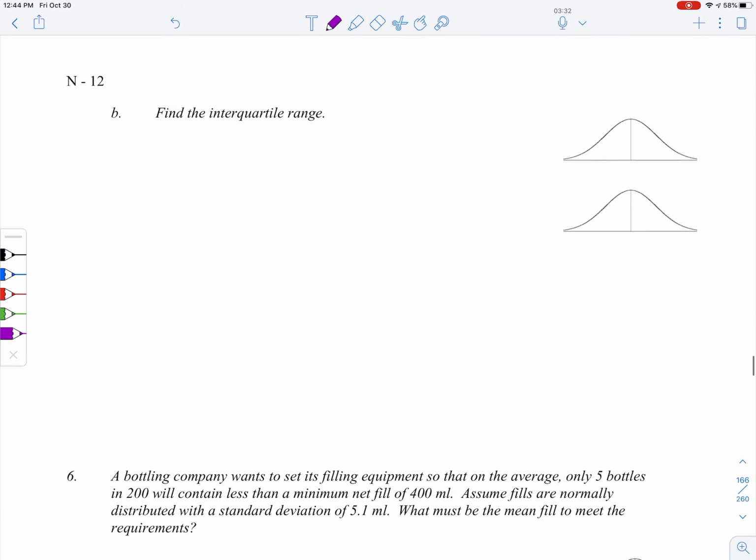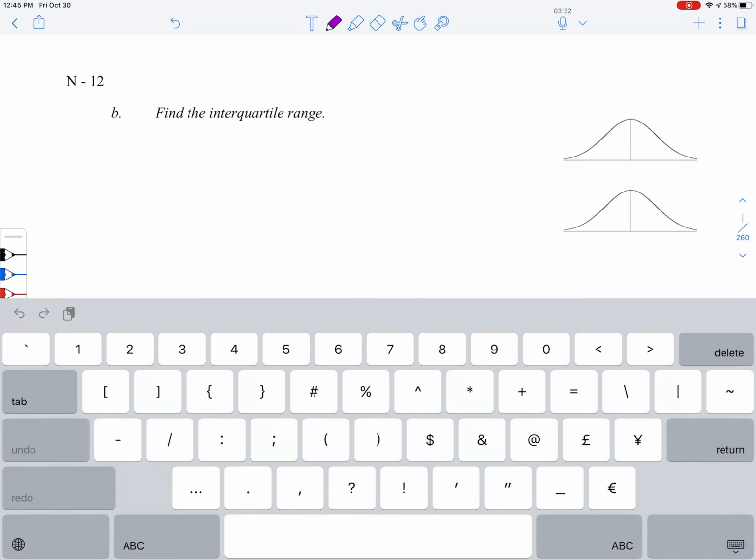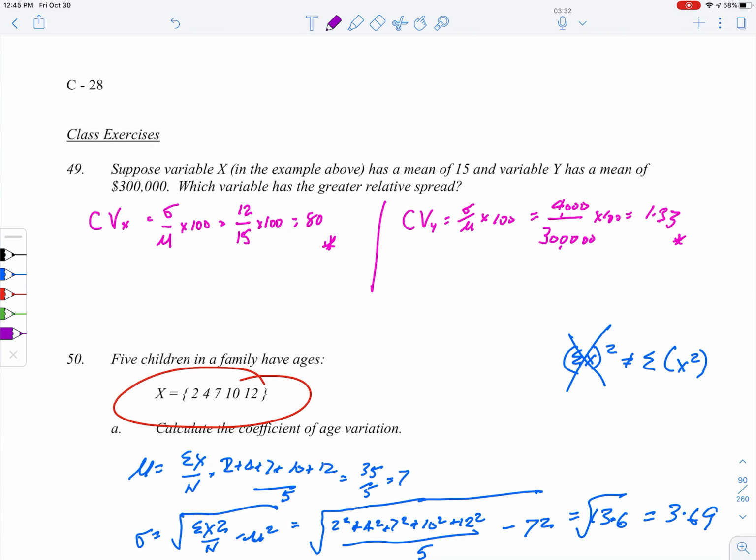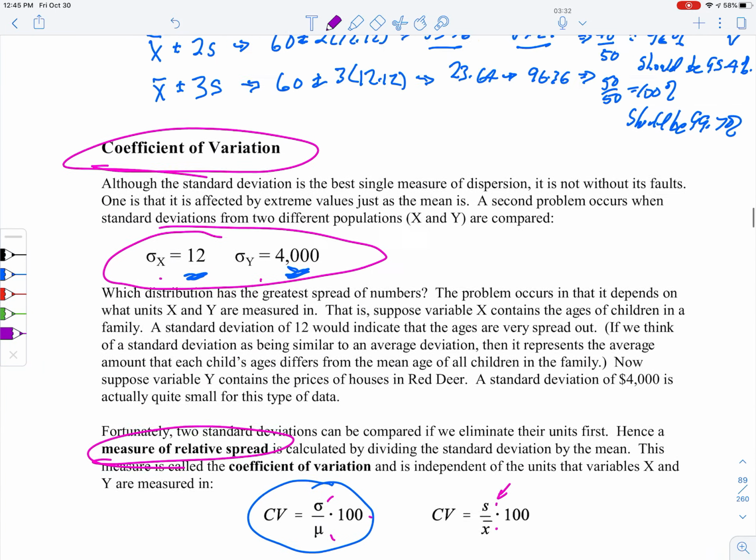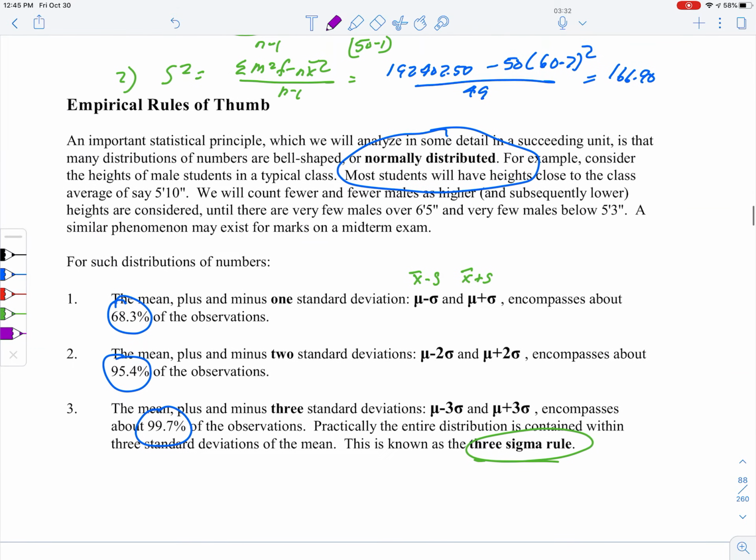Now, I'm going to leave you the next two for homework here, but I want to set them up for you. So we're talking here about something called the interquartile range. And the interquartile range, we talked about that way back in Unit C. I should have actually written down the page number here. I'm just going to have to kind of guess and see where we're at.